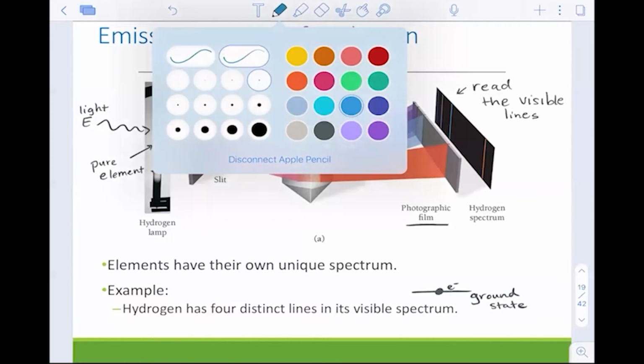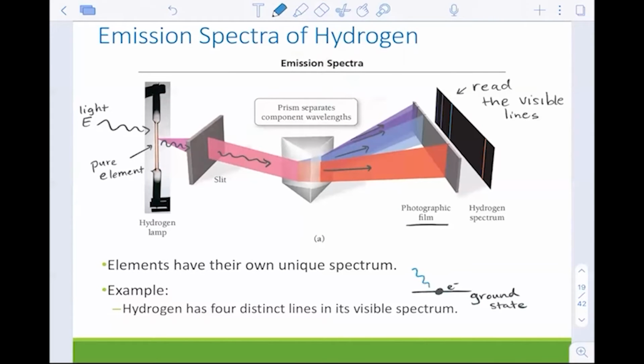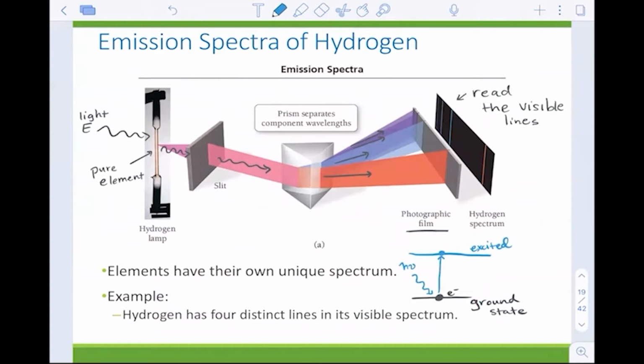If you supply that electron with some energy, we'll call it hν to say it's light energy, right? That electron can get excited to what we call an excited state. That electron absorbed the energy and therefore jumped to a higher energy state. Now, it didn't leave. We're not doing the photoelectric effect. It just absorbed some energy and it moved.